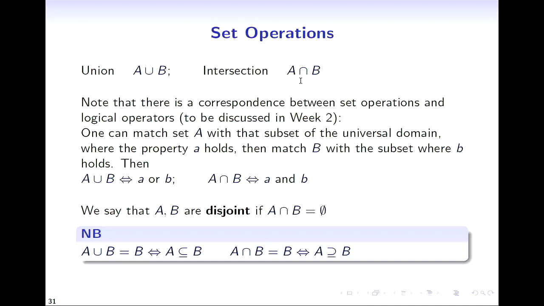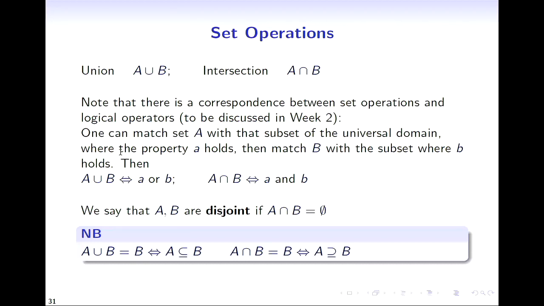You take only elements that occur in both A and B. Now, the way I've said this, you might already see that there is a correspondence between these set operations and logical operations, like or and and. The union contains all elements that are in A or in B, the intersection contains all elements that are in A and in B. Now, this correspondence will be discussed next week when we dig a little deeper into this basic form of logic.